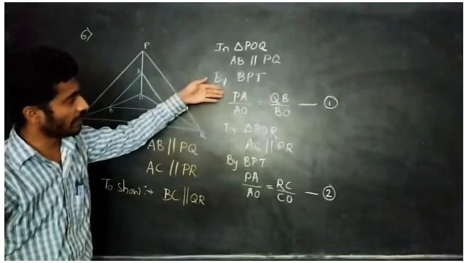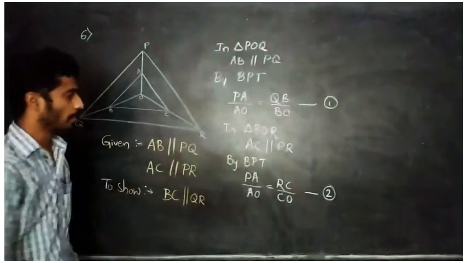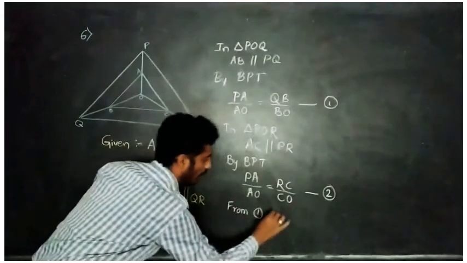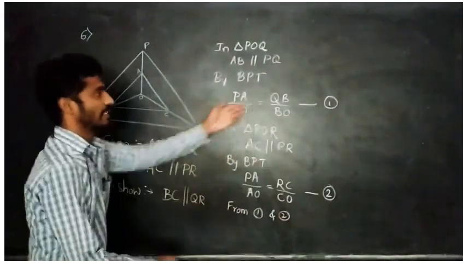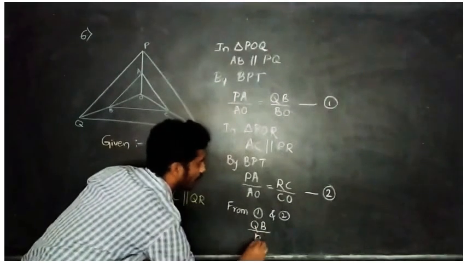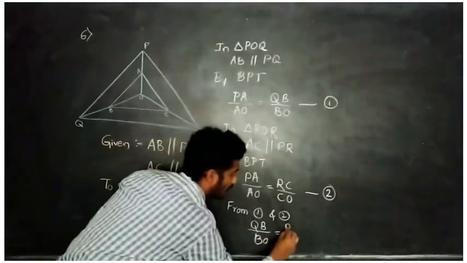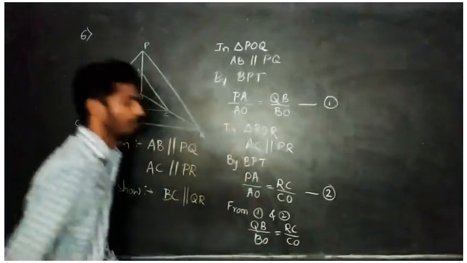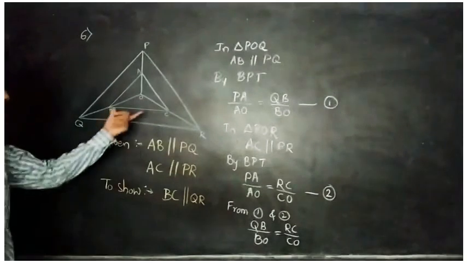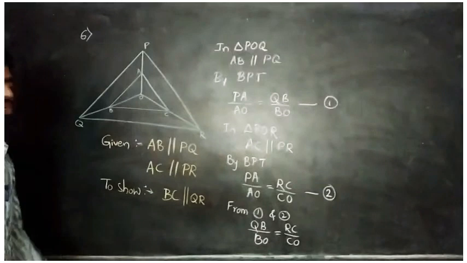See the similarity between equation number 1 and 2. Here also PA by AO, here also PA by AO. So from equation number 1 and 2, we will get the sides ratio, that is QB by BO equal to RC by CO. Okay, so if you get the sides ratio equal, then you can say that the line which is dividing the sides is parallel to QR.